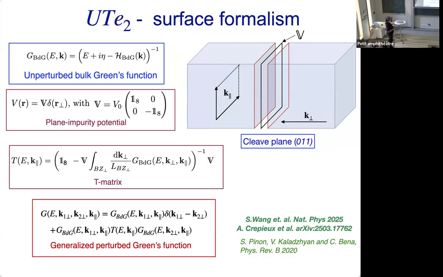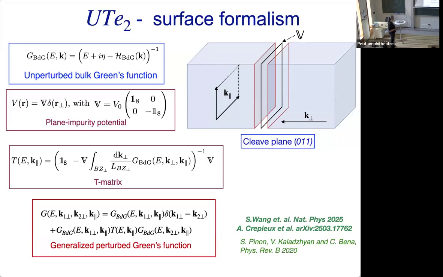My potential is a delta function in this perpendicular direction, and I'm going to use a matrix which again is 16 by 16 because that's going to be my Hamiltonian later. I'm writing my T matrix for this system, which always depends on these good quantum numbers in the plane parallel to the impurity.